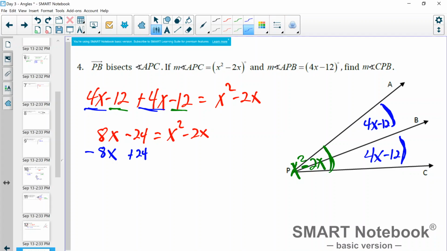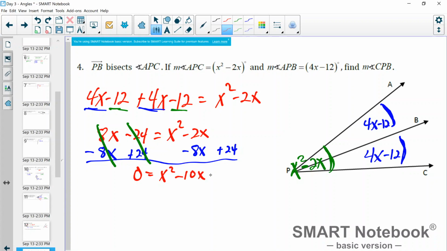And I'm going to line up the 8x underneath the 2x and the positive 24 underneath on the other side, since it's just a solid number. What this does is the 8x's cancel, the 24's cancel. So I now have 0 equals x squared minus 10x plus 24.